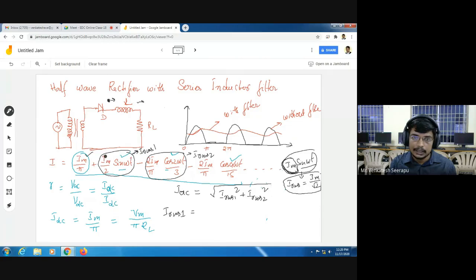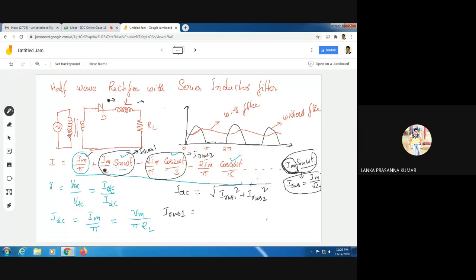The maximum value is the coefficient of this sine term. So what is the maximum value? Im by 2.